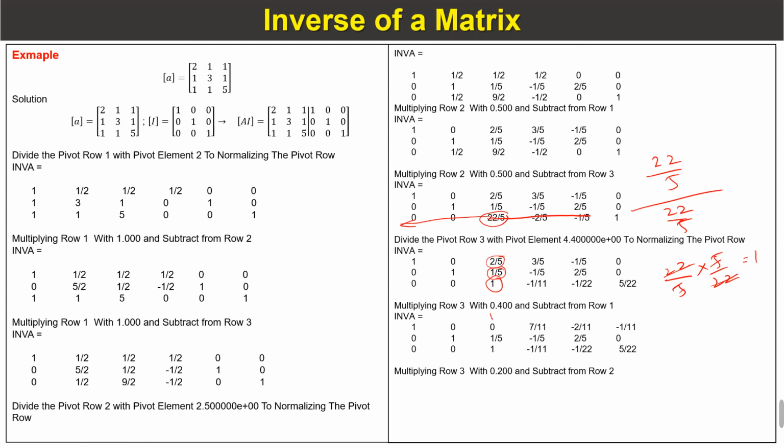Here we can see that this is 0, and next we will make this one 0. Now we can see that on the left side of the augmented matrix we have the identity matrix, and on the right side is the inverse of our matrix A.